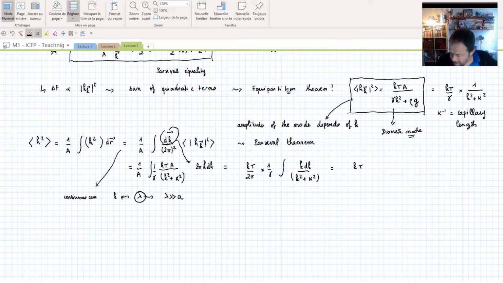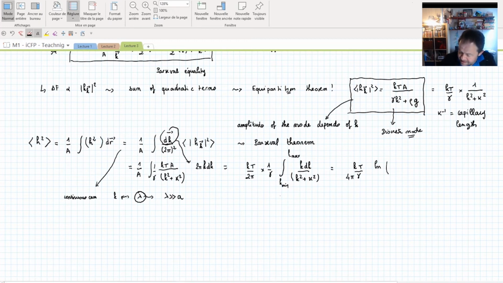Okay. And then I go to kT over, at the end, 4 pi gamma times that. You can take Mathematica or so on. The only point is that you have to go from kmin to kmax. You have to write the two limits.